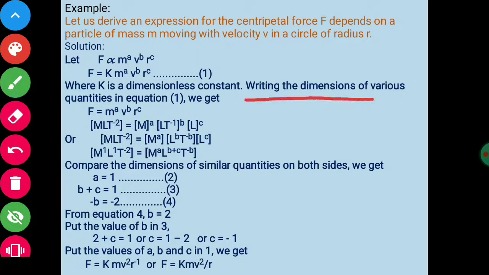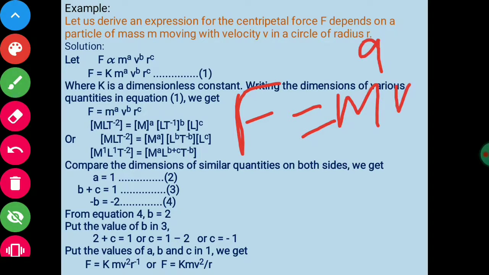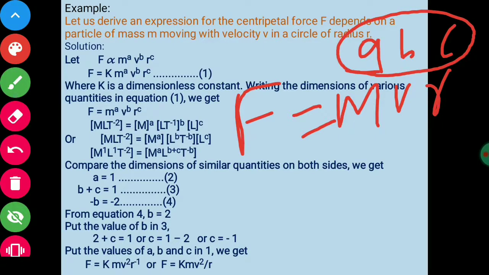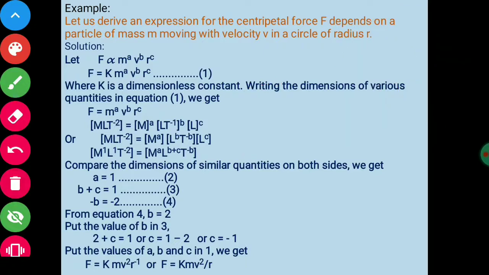So writing the dimensions of the quantities of equation number 1. Now the first equation becomes, since K is a dimensionless quantity, F equals m raised to power a, v raised to power b, and r raised to power c. In this, we are calculating the values of a, b, and c. Now, putting the dimensions.